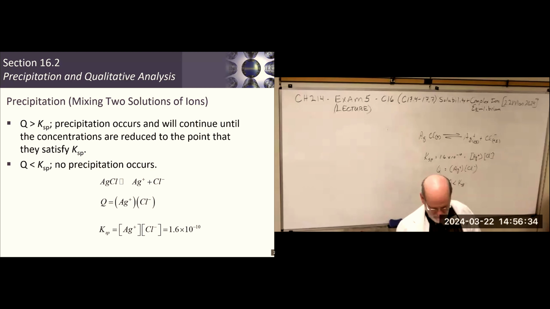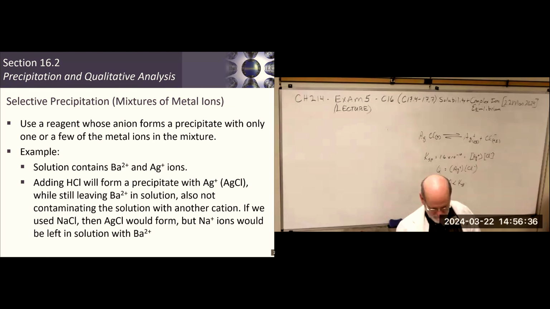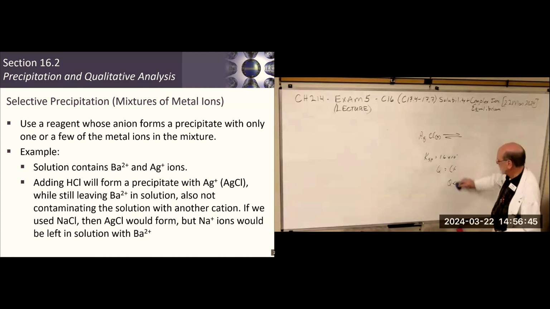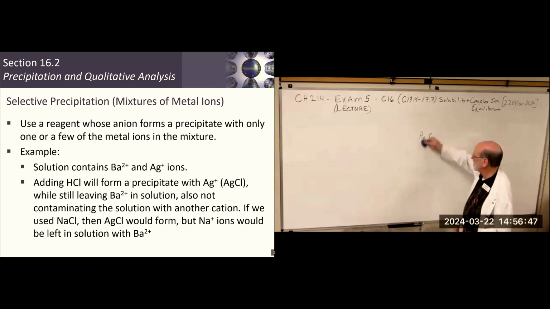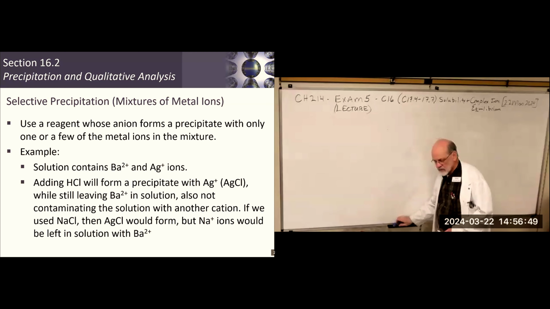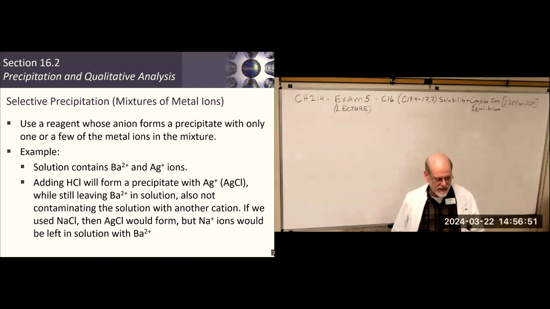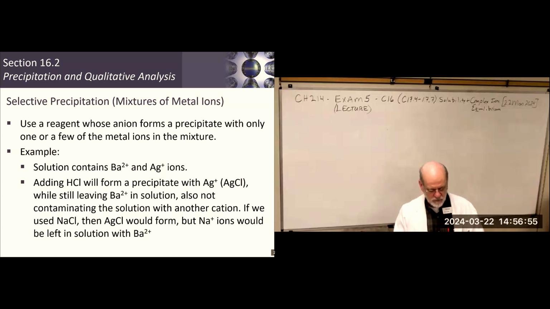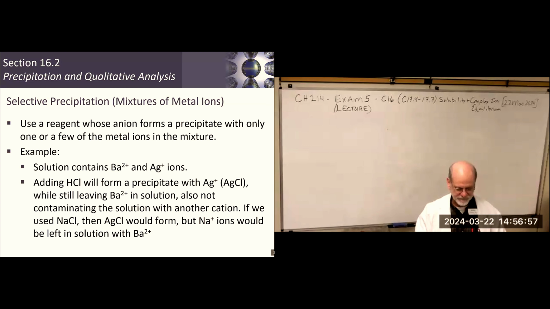Okay. Now this becomes useful if you have a mixture of ions. Say you have a mixture of metal ions, cations, in solution, and you want to separate them. We go through a procedure called selective precipitation.